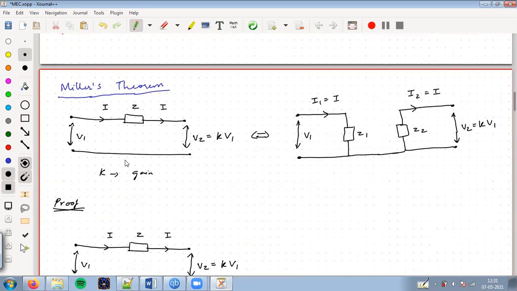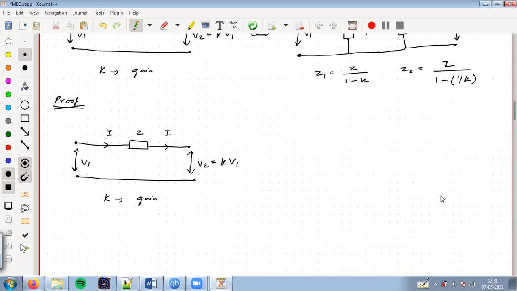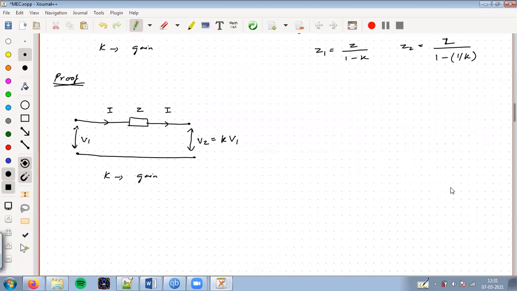Before I mention that, here I write Z1 as Z divided by 1 minus K and Z2 as Z divided by 1 minus 1 by K, just to know. We'll prove this now. So here to find Z1, I short my output. This is to find Z1. So it will come like this. This is Z.